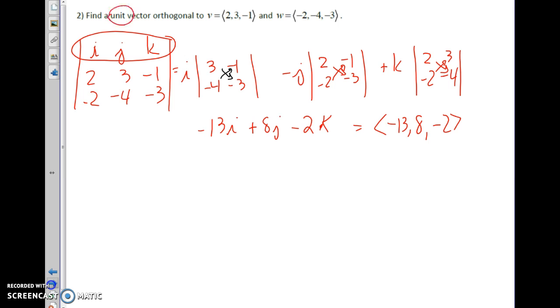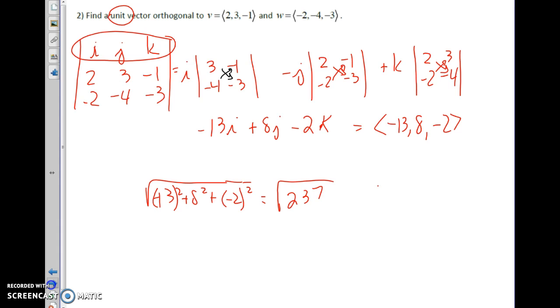Now, one more thing is the unit vector. So the magnitude of that vector is going to be 13 squared plus 8 squared plus -2 squared. We know when we square those, they're all going to be positive. So the magnitude of this vector is root 237.